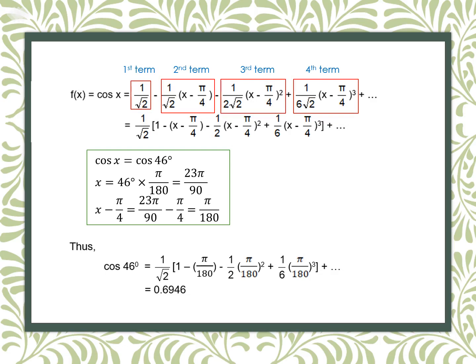Convert to radian by multiplying 46 degree with pi over 180, you will obtain x equal to 23 pi over 90 radian. By replacing all the x with this value and simplify, you will get cos 46 degree equal to 0.6946.